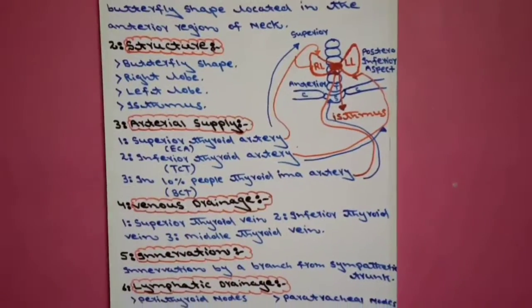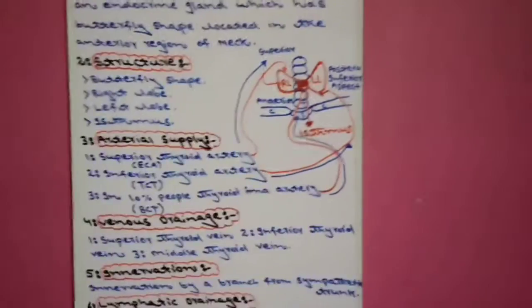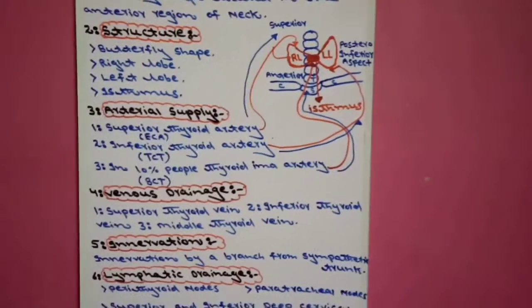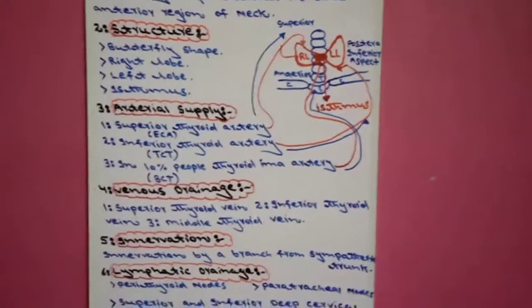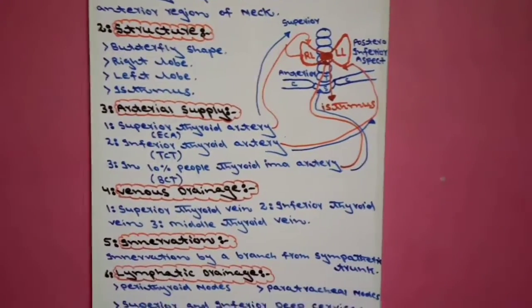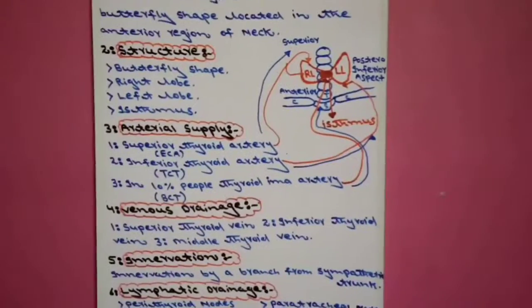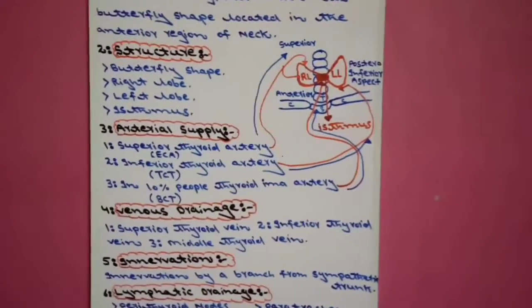If we remember simply, superior thyroid artery supplies two parts of thyroid gland, superior and anterior. Inferior thyroid artery supplies blood to two parts, inferior and posterior. And the thyroid ima artery also supplies blood to two parts, isthmus and anterior region of thyroid gland.